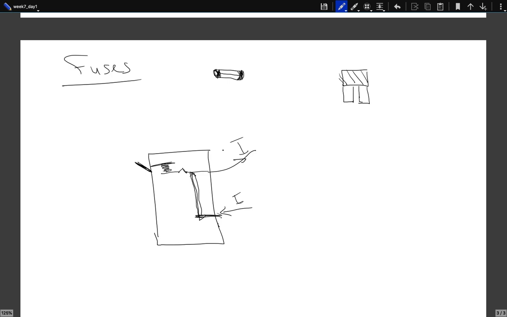But at this point, your circuit is now open. So if this bends, then there's no current running through your system anymore.